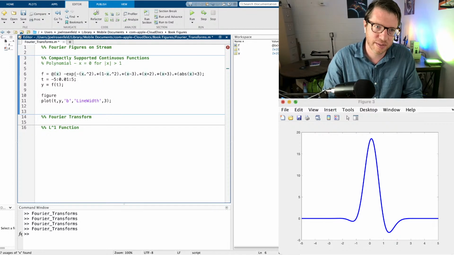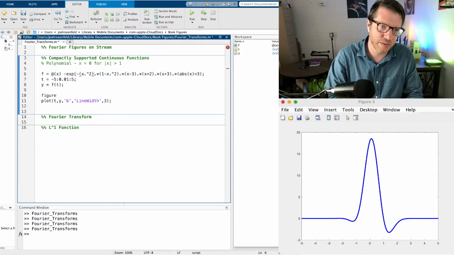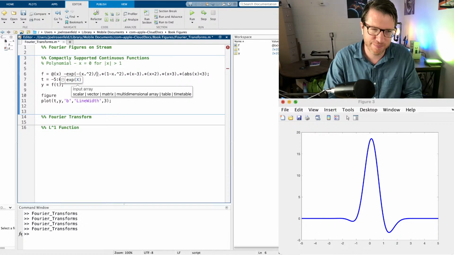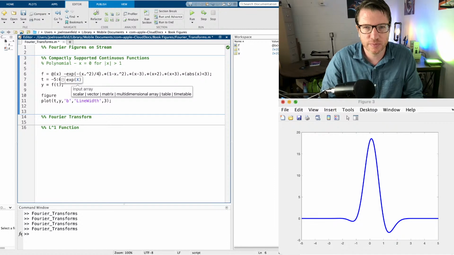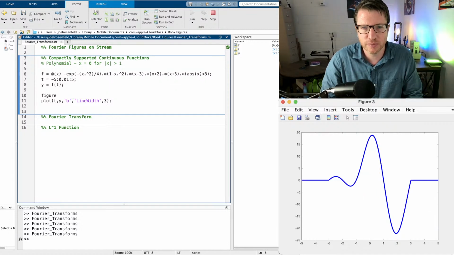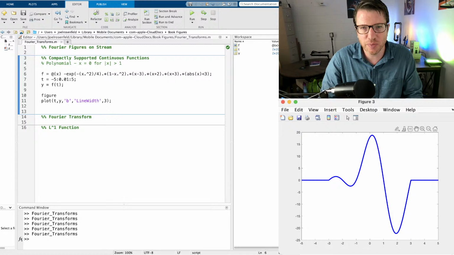Let's see. So I'm going to divide this by 4. There we go. A little sharp at the edge there, but it's still a continuous function, so I think we're good. Okay, I'm happy with that figure, at least provisionally.